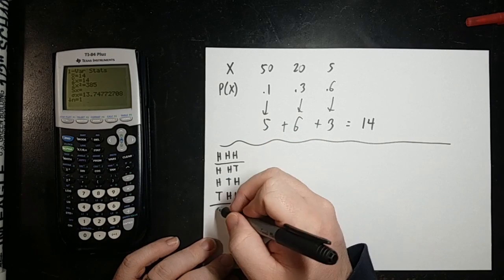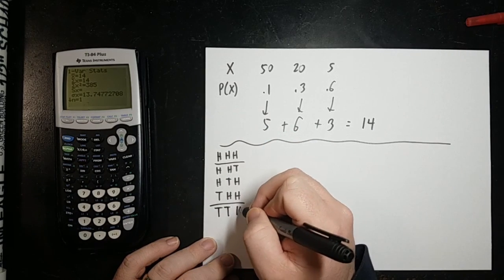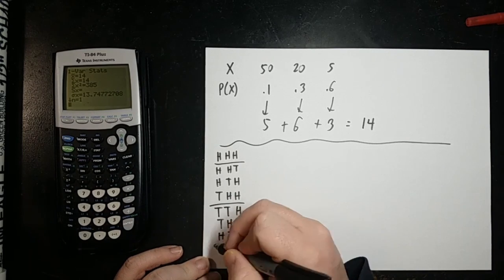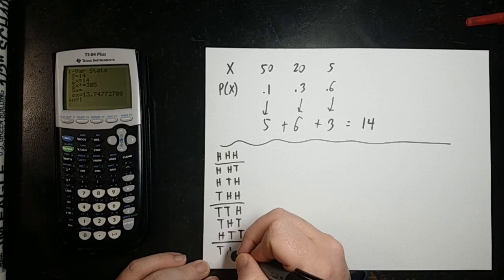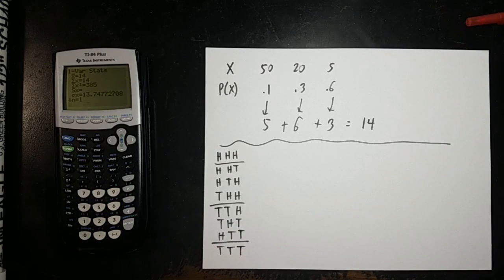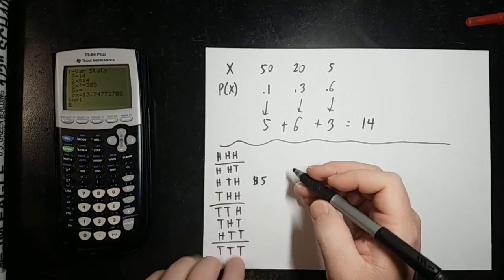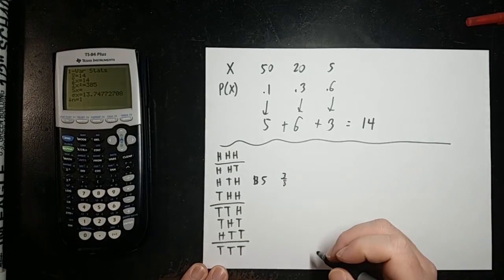There's the 1 tails. Here are the 2 tails. And here are the 3 tails. These are all the possible outcomes with flipping a coin 3 times. So, if you get a tails once, you get $5, which there's a 3 in 8 chance of that happening.